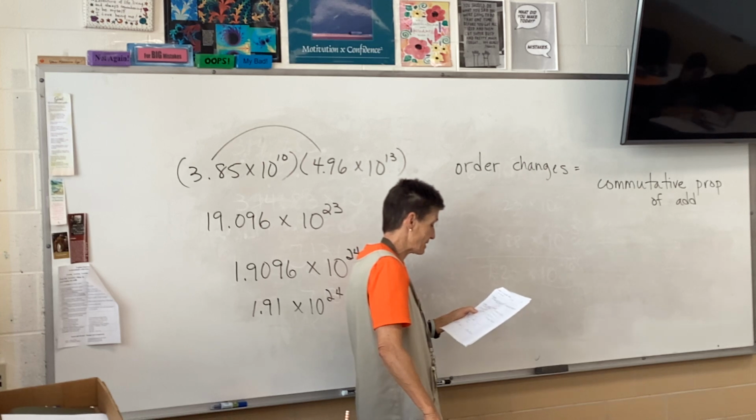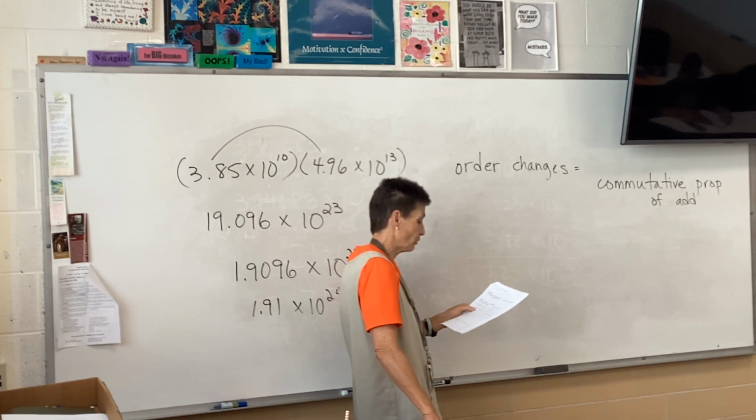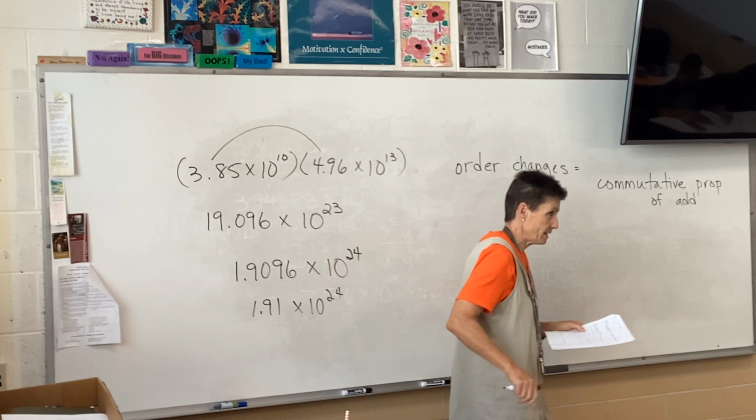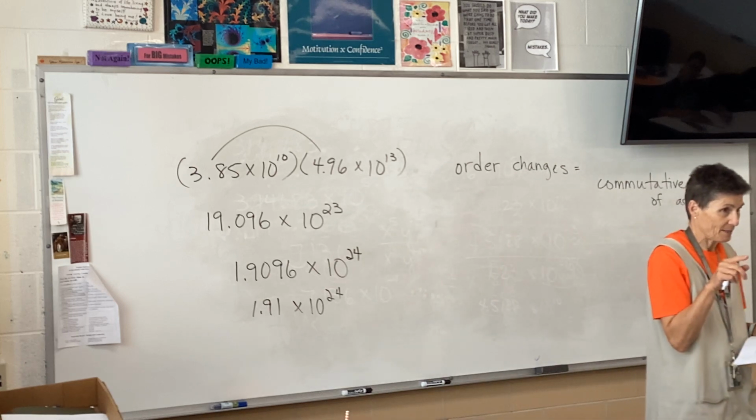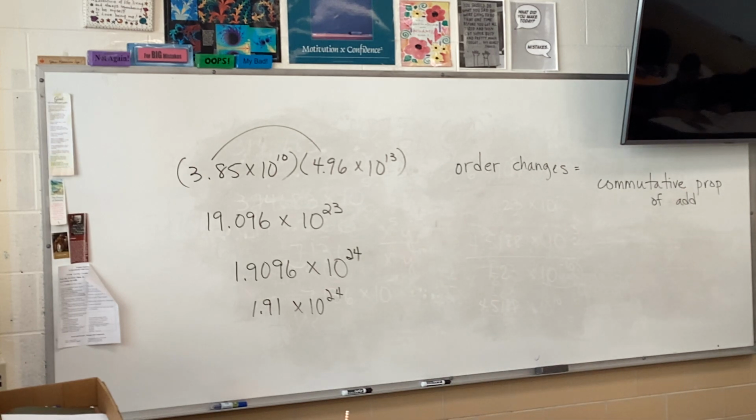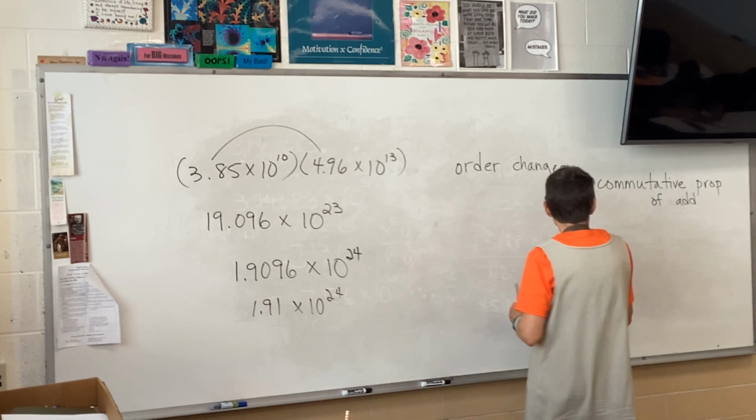That was B. All right, C. Now look at C carefully and tell me what happened. Okay, the order changed. Again, instead of the 6 being in front, the 6 is now at the back. When order changes, what property is it? Commutative.